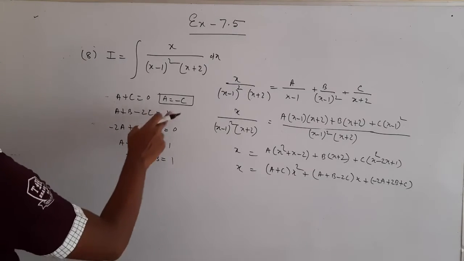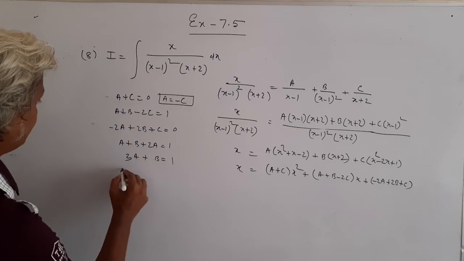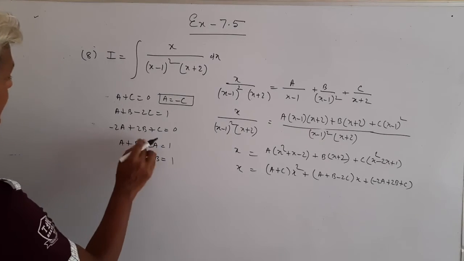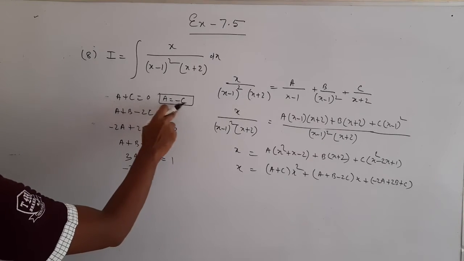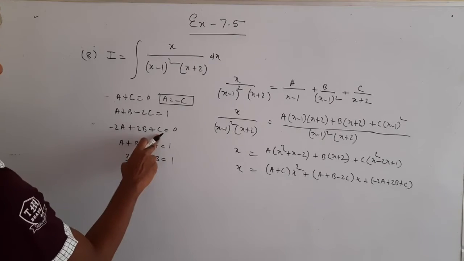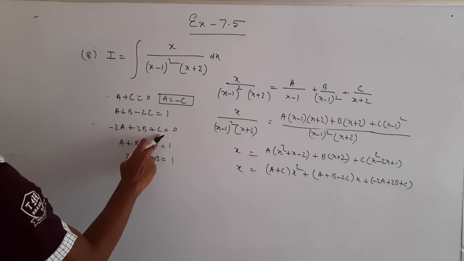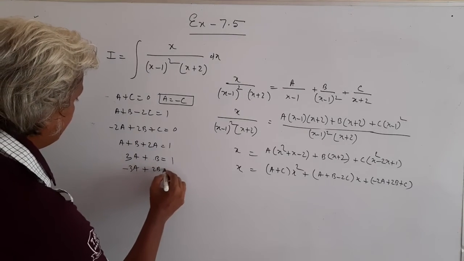Okay, now put the same thing here at the place of the c, write minus a. So c becomes minus a. So at the place of this plus c, I have written minus a. So minus 2a minus a becomes minus 3a. 2b remains as it is, 2b equals 0.